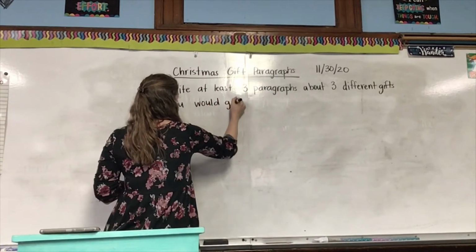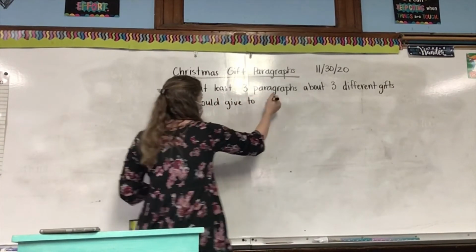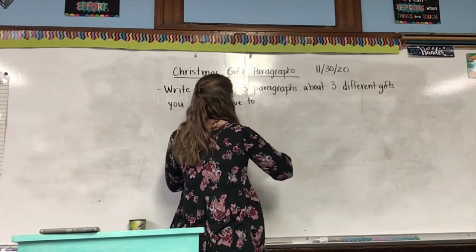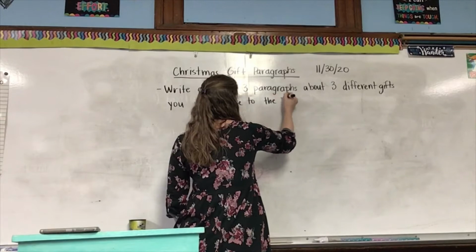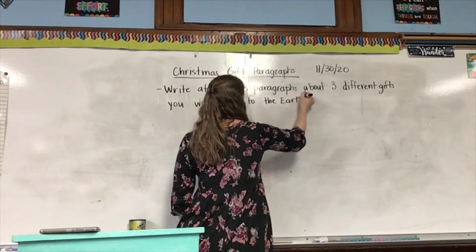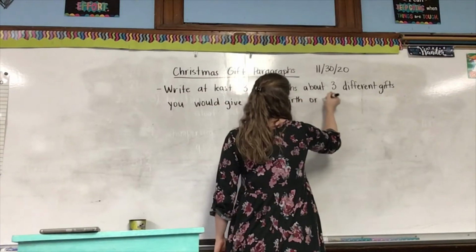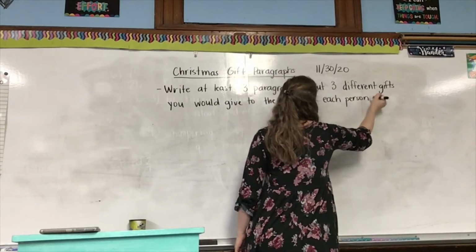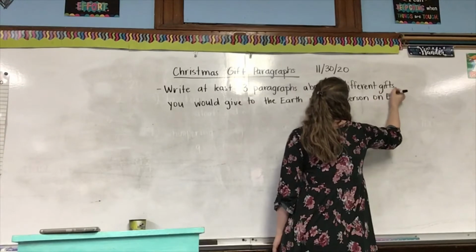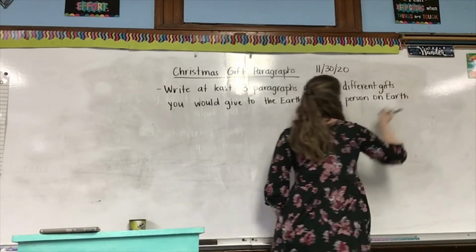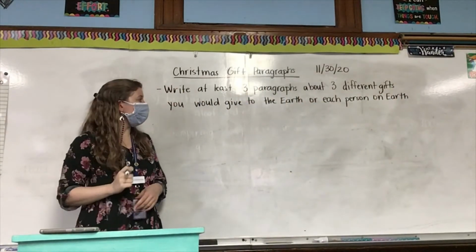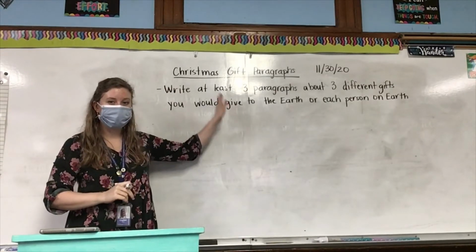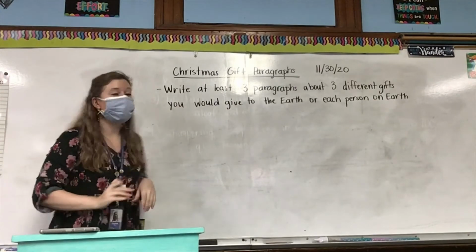you would give to the earth or each person on earth. So you're going to write at least 3 paragraphs about 3 different gifts, so 1 paragraph per gift, that you would give to the earth.